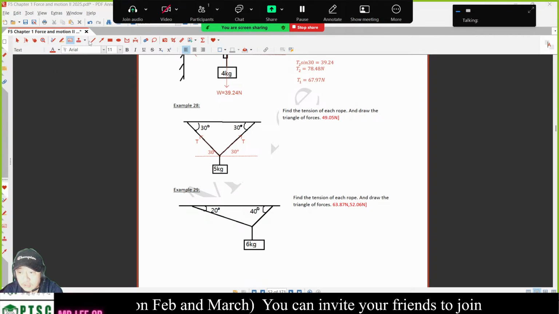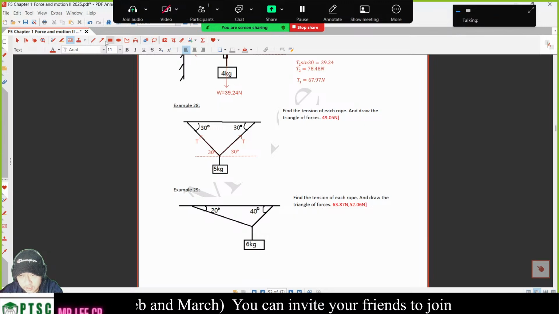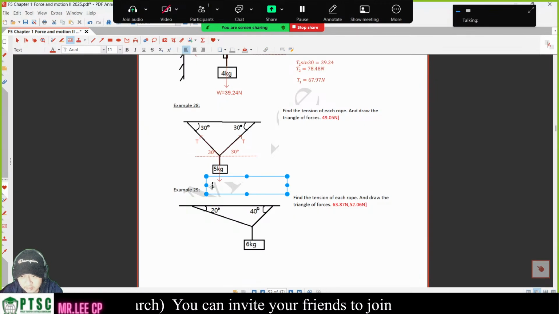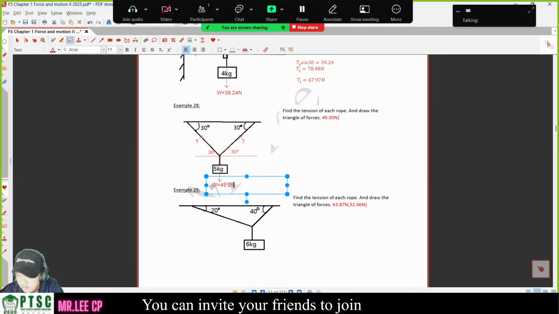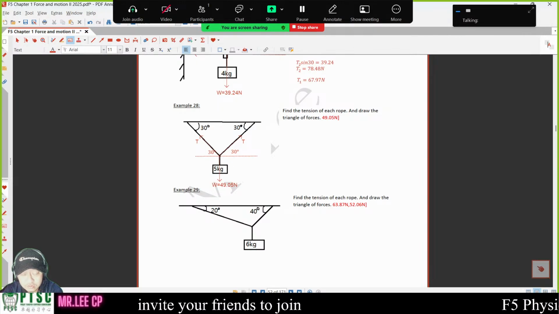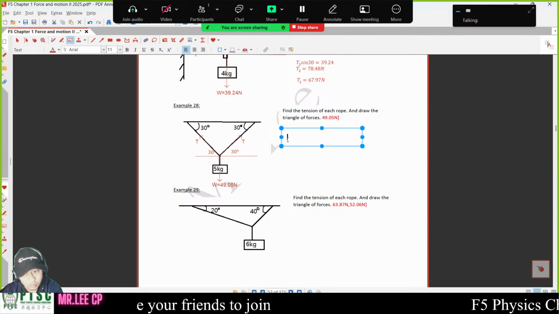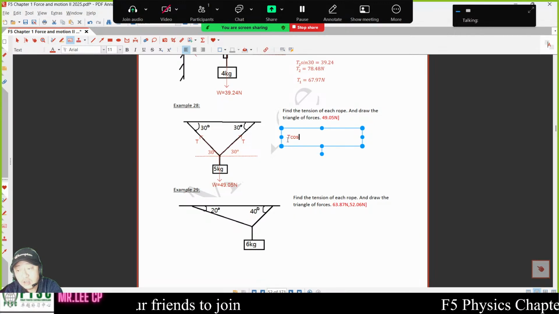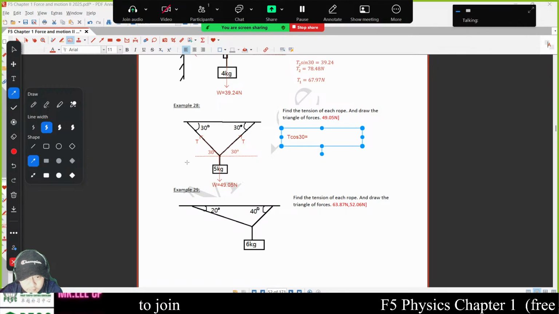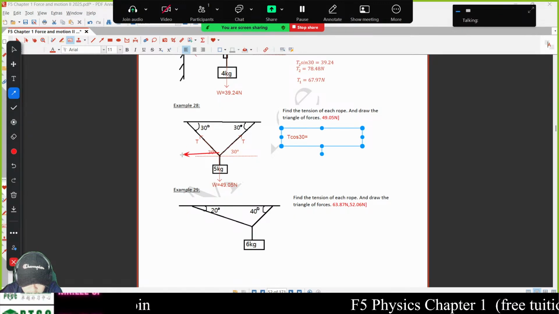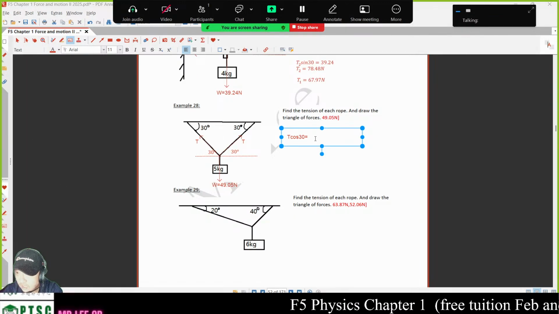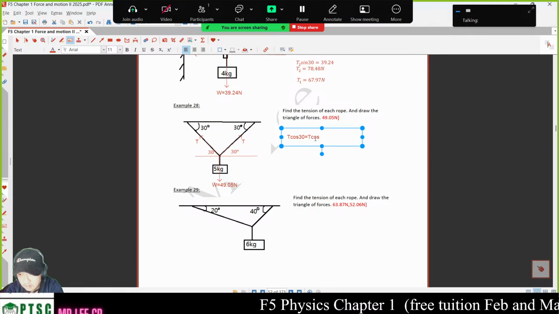Now, there is another force going downward. This is the weight, going downward, 49.05, for 5 kg. Now the force to the left is equal to the force to the right, so we do not need to calculate. If I calculate, T cos 30 to the left is equal to T cos 30 to the right.